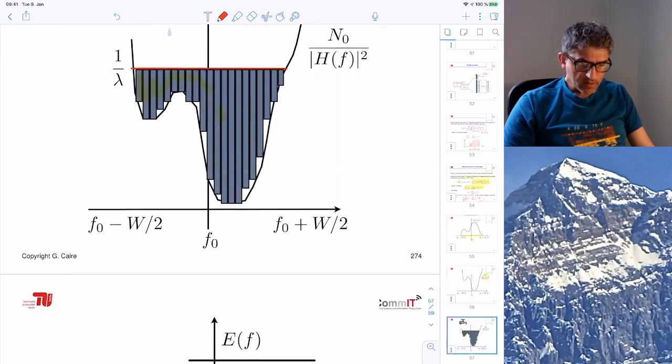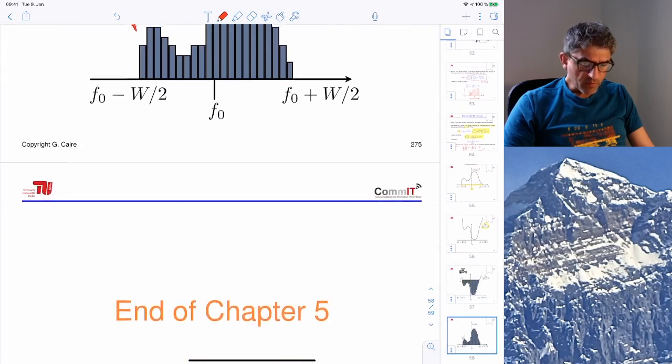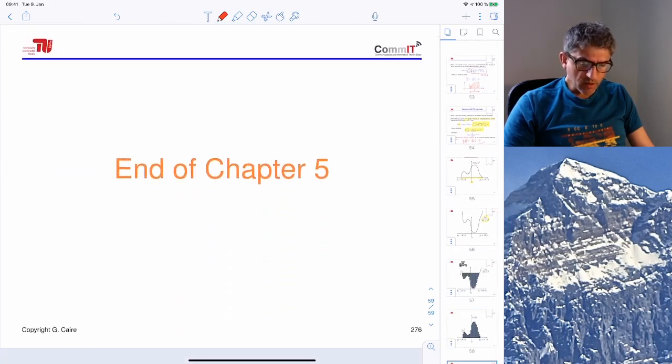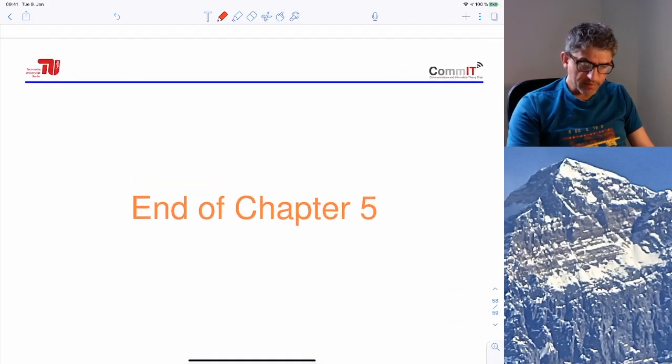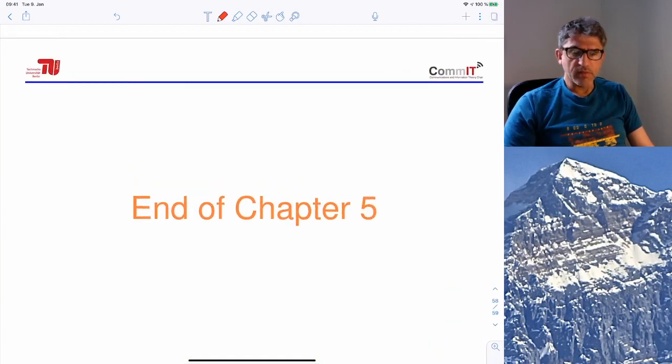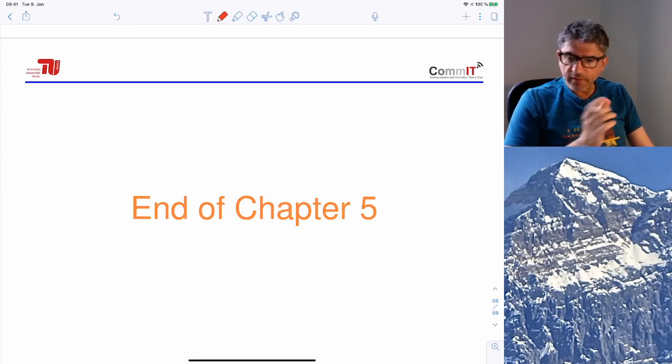Okay, and this is the information theoretic explanation of OFDM, which is widely used. It makes transmission over physical channels formed by a certain impulse response plus Gaussian noise very, very efficient.